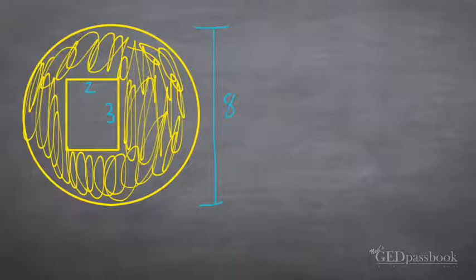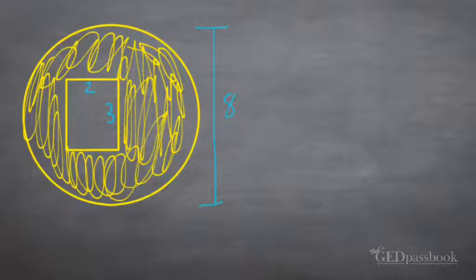Find the difference between the two, and that gives you the leftover of just the shaded portion, which is just the grassy portion that we are trying to look for. Does that make sense? So we are trying to find the area of both figures, then we're going to subtract them, and that gives us the remaining part. That just gives us the shaded portion. So how about we do that?